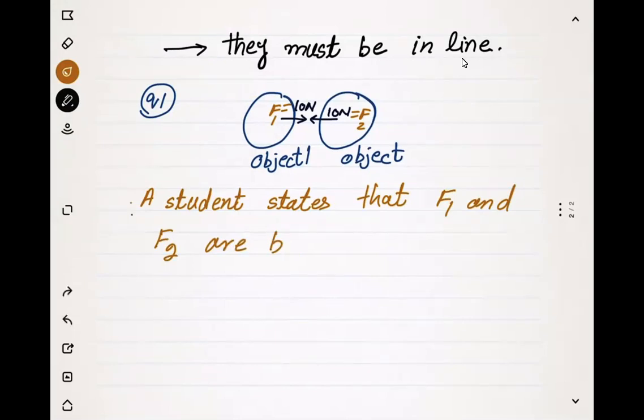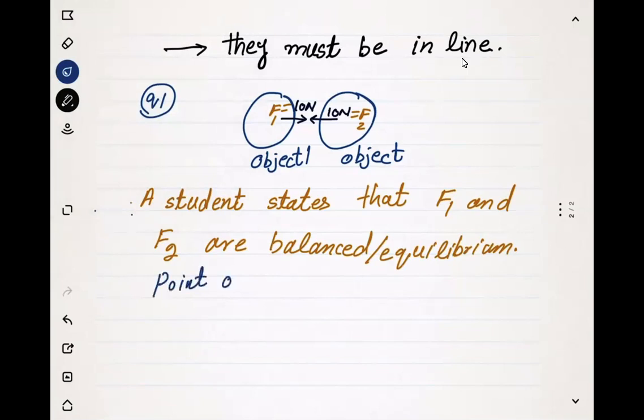If he says that F1 and F2 are balanced or in equilibrium, then point out the mistake in the student's sentence. Basically, the student is saying that the 2 forces which are shown, they are in equilibrium or they are balanced. Now you have to point out the mistake.